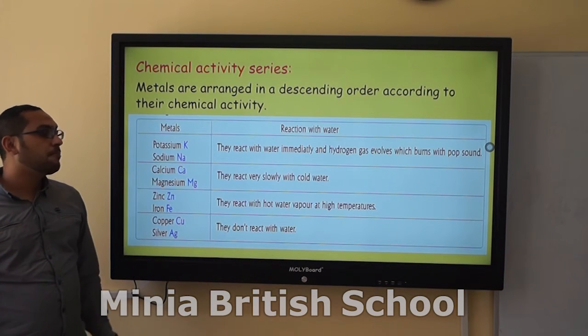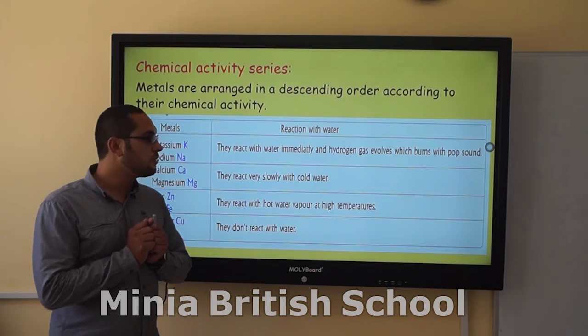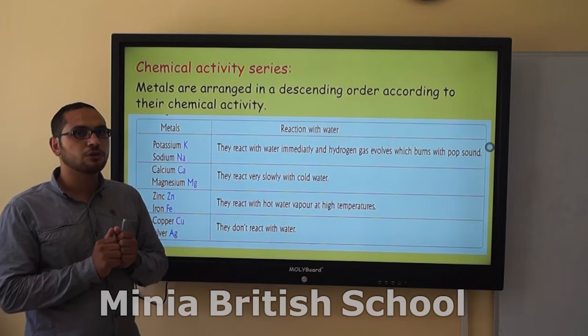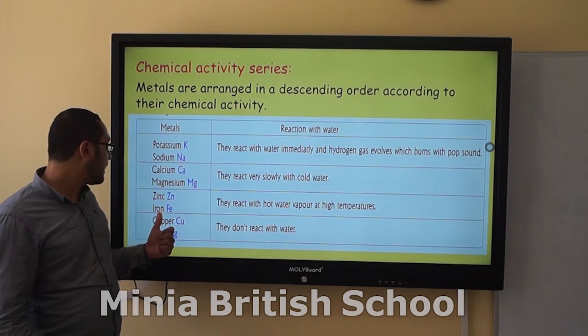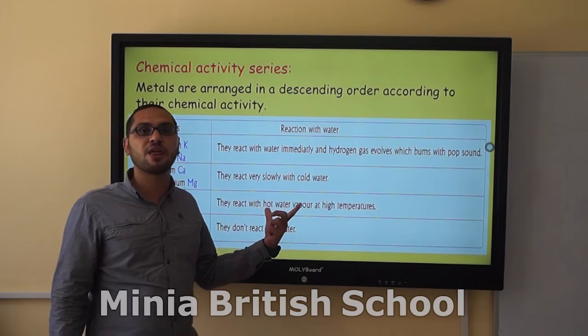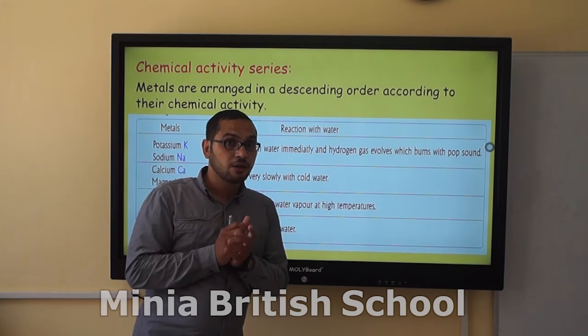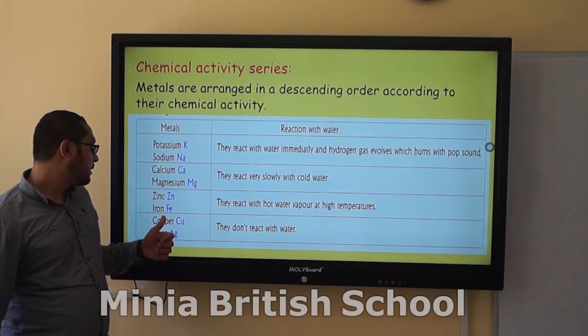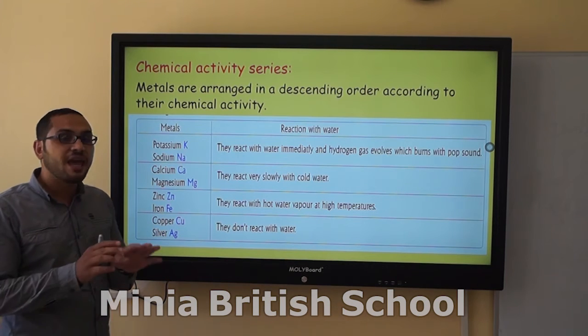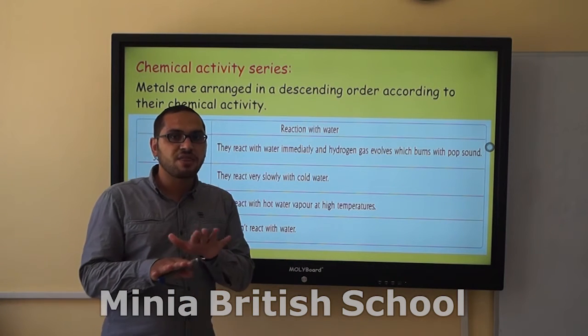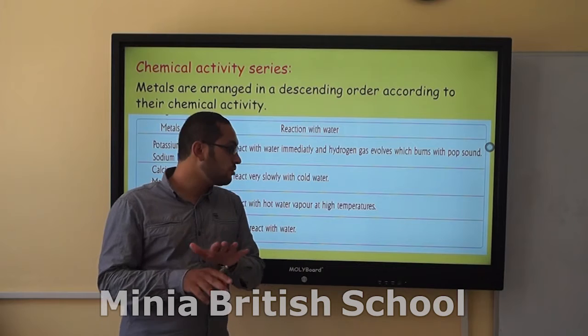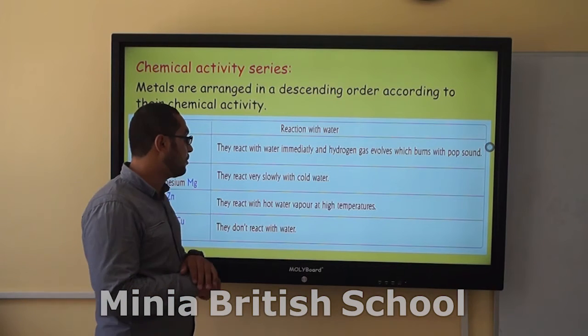Calcium and magnesium react very slowly with cold water. Zinc and iron react with hot water at a high temperature only. Copper and silver don't react with water.